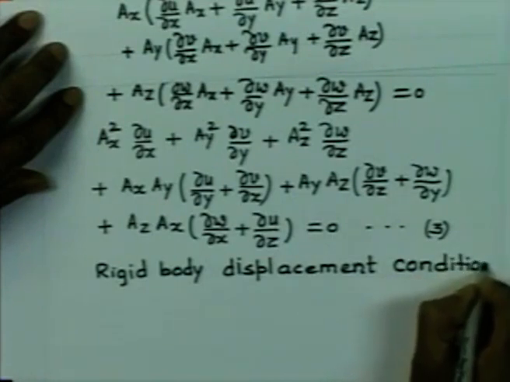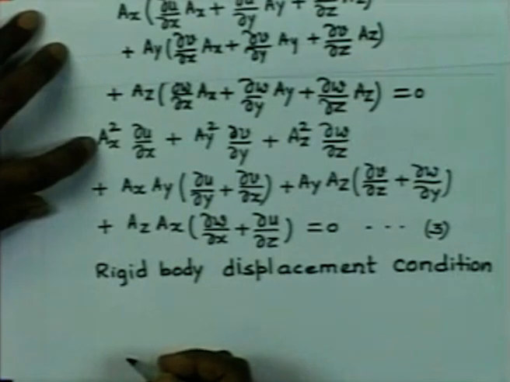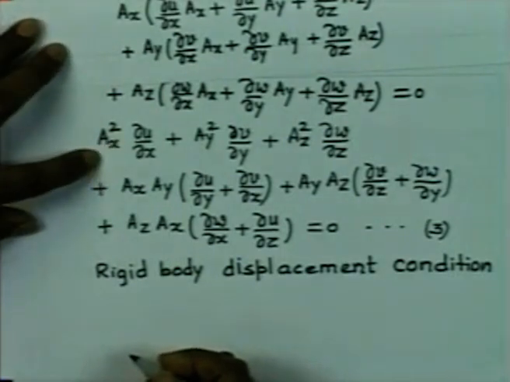So, for the body to move like a rigid body without deformation, the coefficient of all these terms must be 0.